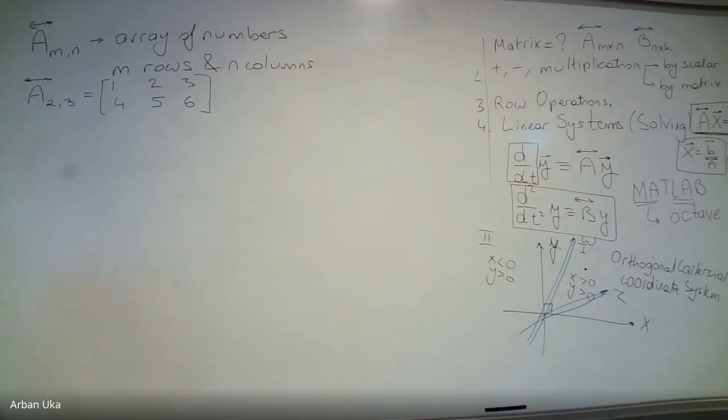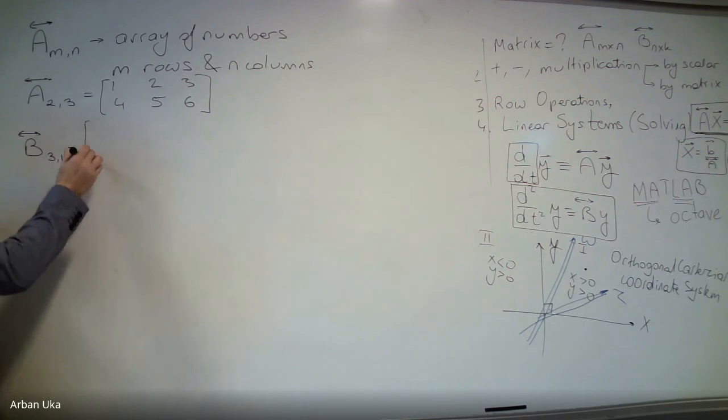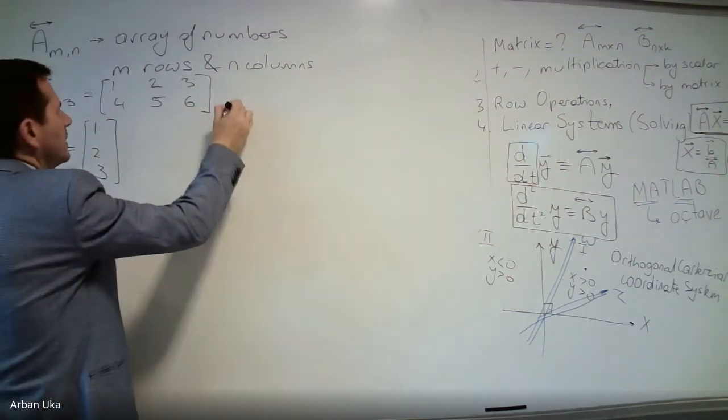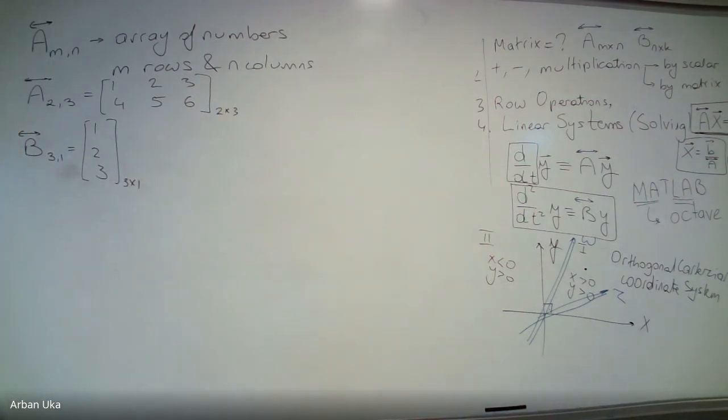Okay, so this is one matrix. Then we have another matrix, which is 3 rows, 1 column, which is 1, 2, 3. In this case, the matrix B is 3 by 1, equal to 1, 2, 3. So we can denote here 2 by 3, 3 by 1. Or another matrix can be the other one shown on the slide.